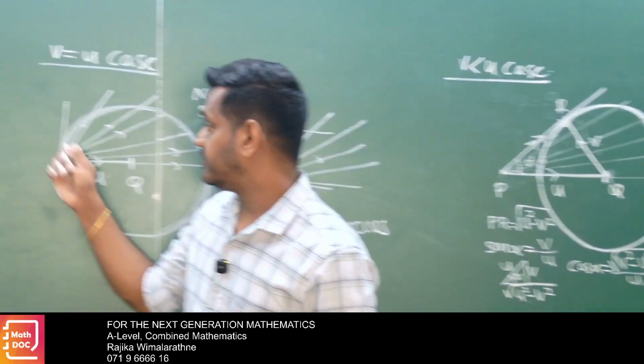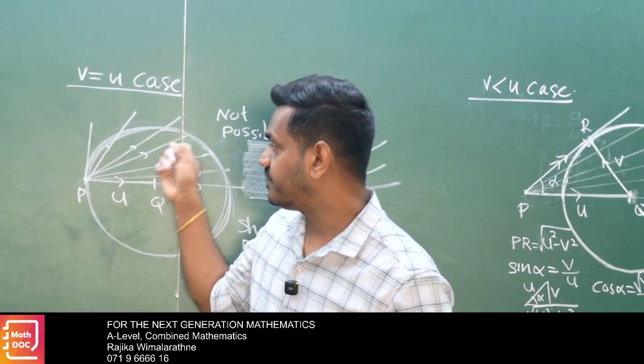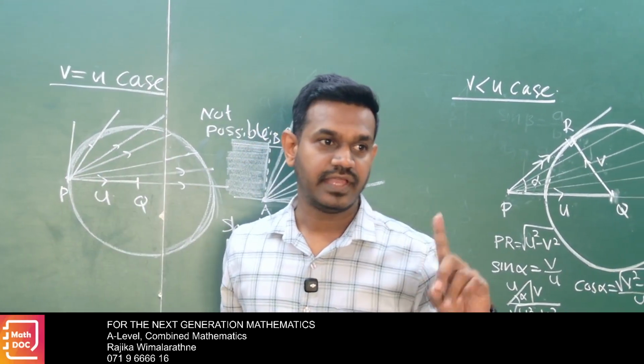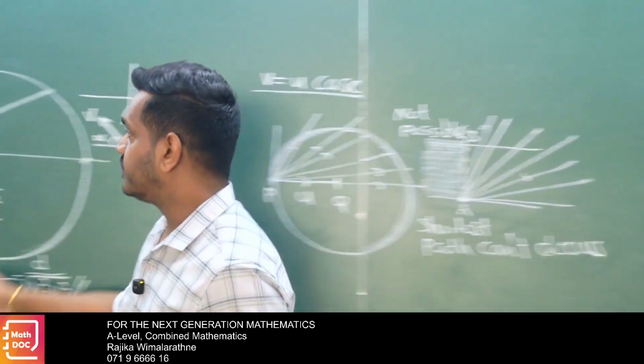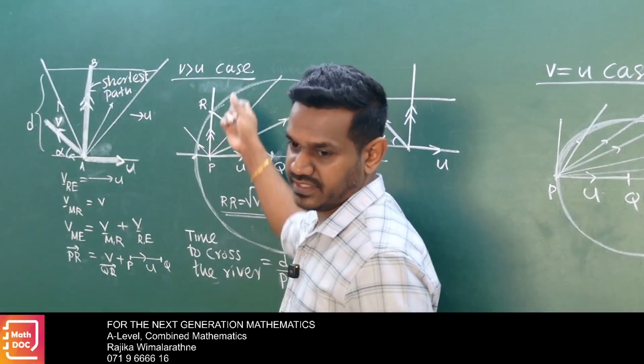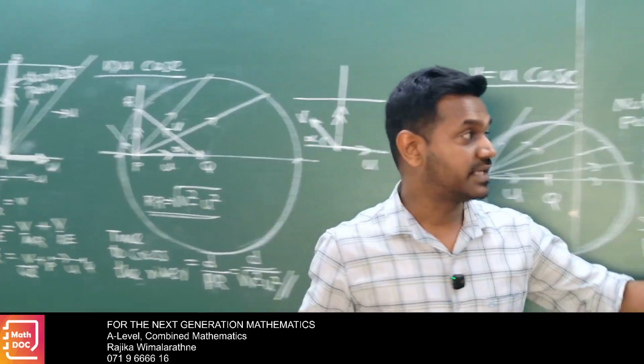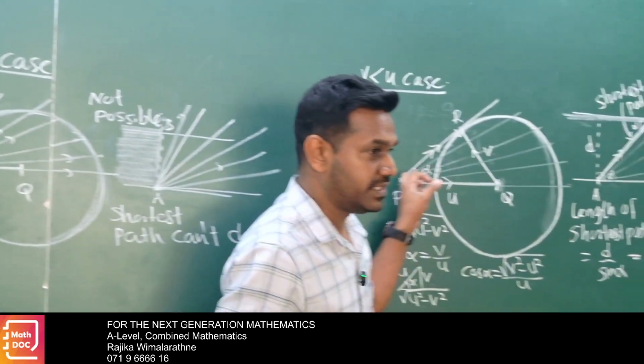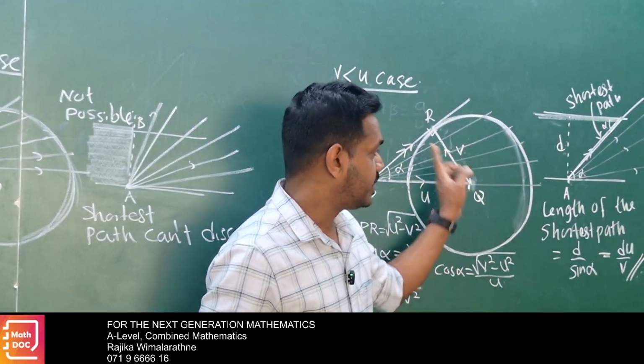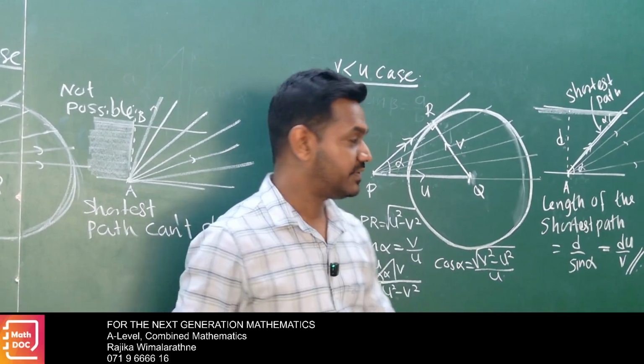But for this one, we have only one possible R point. That means we have only one possibility. For this case, again, we have only one possibility. But here, this case, we have two possibilities because of two R points. Better write that one there.